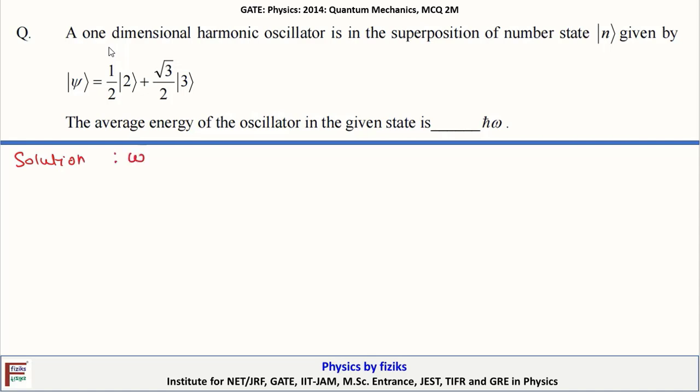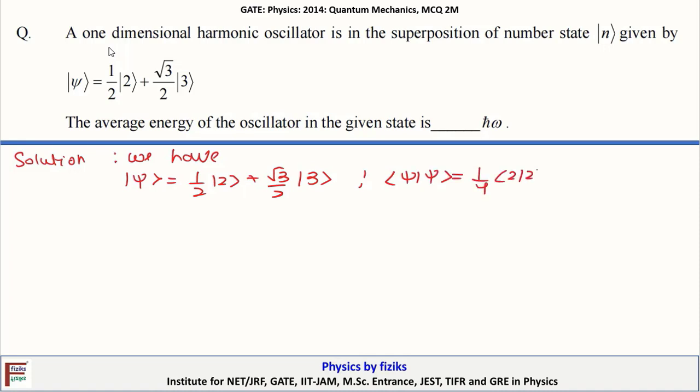We have psi is equal to 1 by 2 of |2> plus root 3 by 2 of |3>, and also <psi|psi> is equal to 1 by 4 of <2|2> plus 3 by 4 of <3|3> is equal to 1.